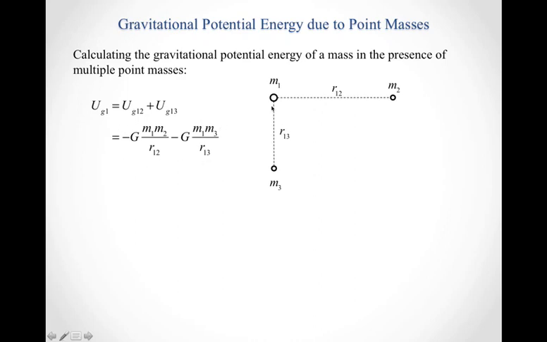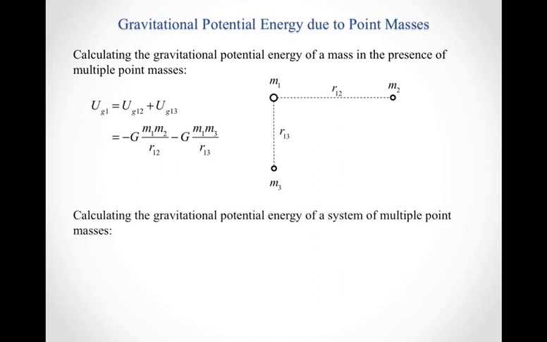If I want to think about the gravitational potential energy of mass 1, and that's really relative to the point where it's infinitely far away from these other masses, where the gravitational potential energy would equal 0, there are two interactions: between mass 1 and mass 2, and between mass 1 and mass 3. So I have two terms here that I need to calculate. I'm going to use my equation, negative G product of masses over distance between them. I just get to do it twice. Once for the interaction between mass 1 and mass 2, once for the interaction between mass 1 and mass 3.